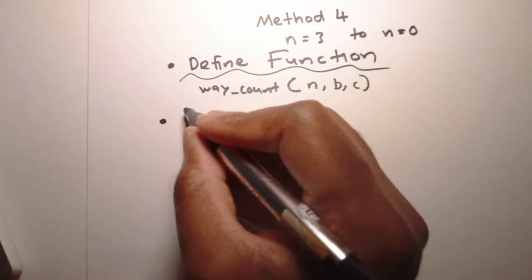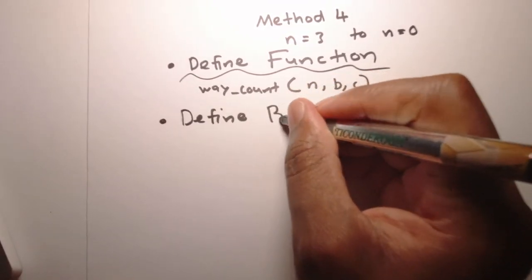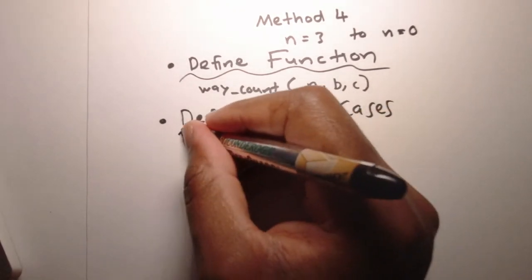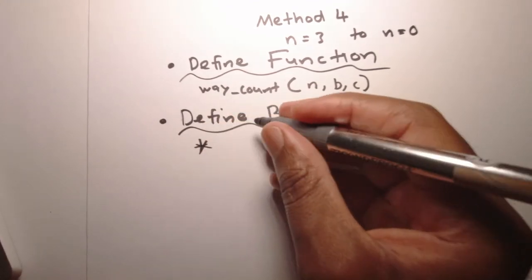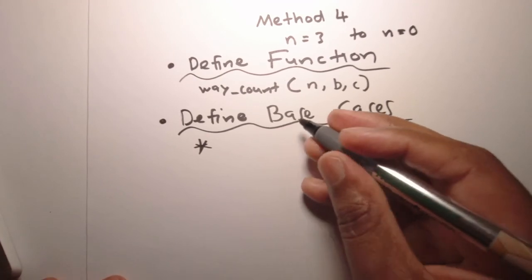The next step in method 4 is to define the base cases. And we have 3. The first base case, if any character count is negative, then return 0.